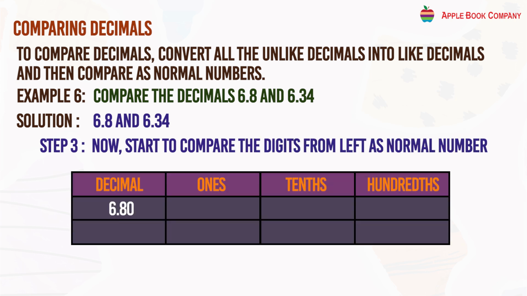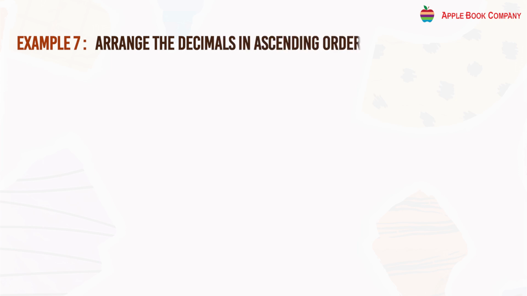Decimal 6.80, ones 6, tenths 8, hundredths 0. Decimal 6.34, ones 6, tenths 3, hundredths 4. So 6.80 is greater than 6.34.